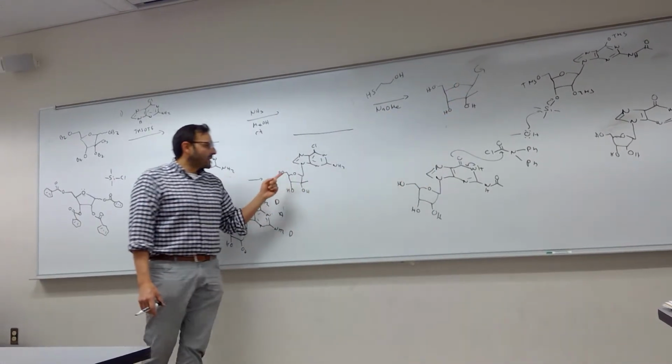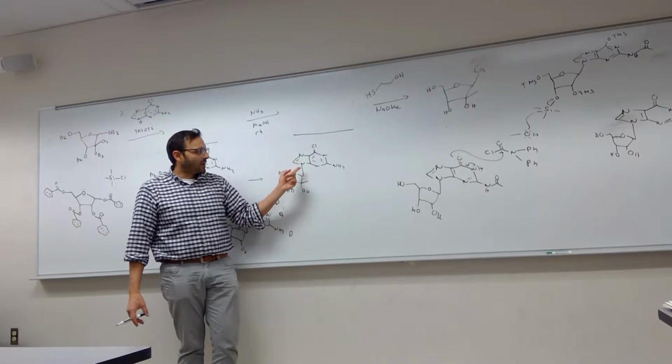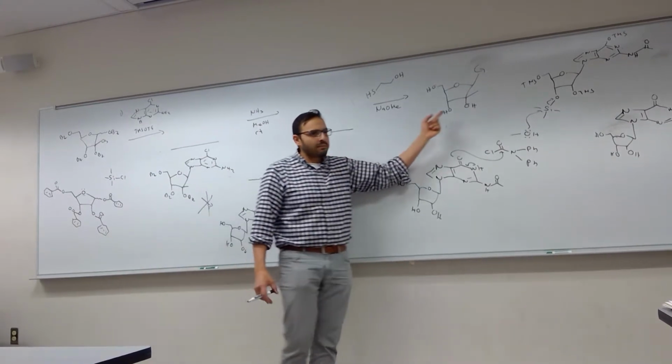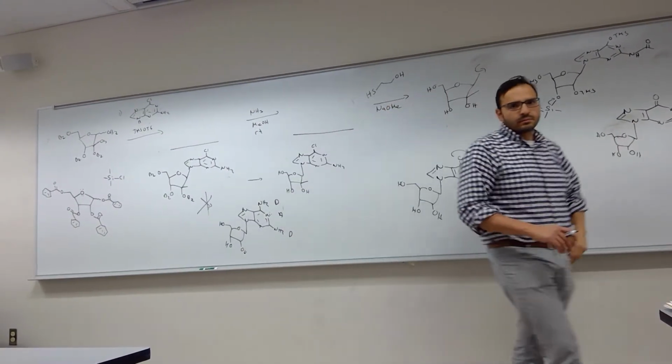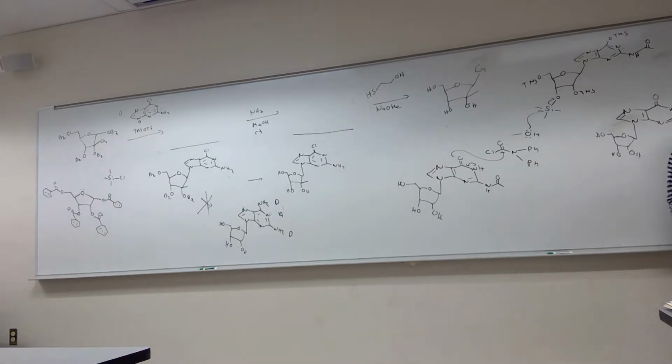So now the question is, this is here. So what is the mechanism going from here to there? Any ideas? The beta mercaptoethanol takes off the chloride. All right, so what's the mechanism?